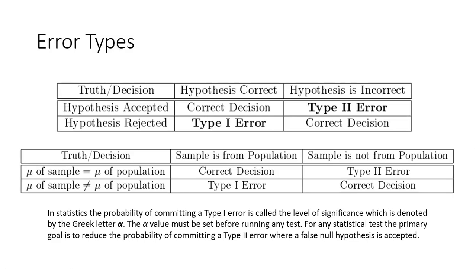The truth is he or she is guilty, but you don't know that. Both the lawyers tell you this, that, and the other, and after looking at all the decisions, you say that the person is not guilty. So what you have done is you have committed a type 1 error. That means the guilty went free.